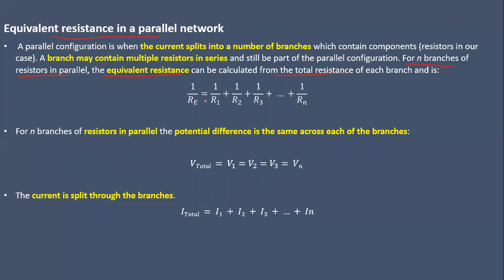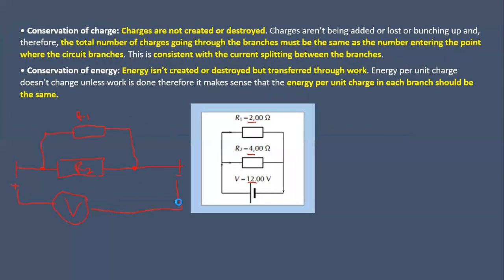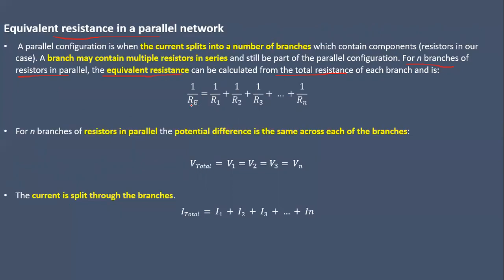So if a question says calculate the equivalent resistance, calculate the total resistance, here you will have to use this equation, 1 over RT or RE equals 1 over R1 plus 1 over R2, and then you will have to do a little bit of mathematics to make RT the subject of your formula, and then you will get the total resistance.